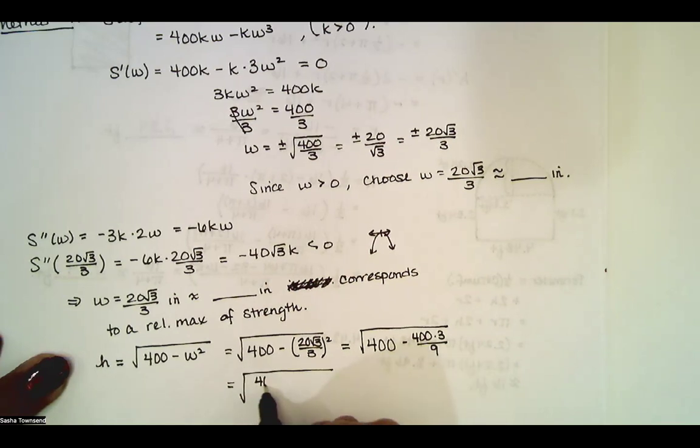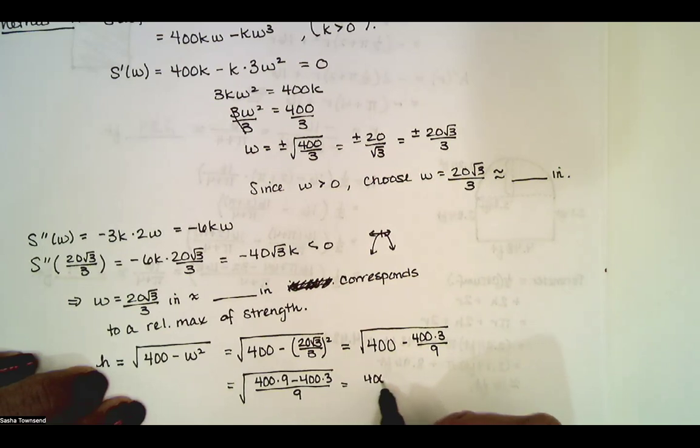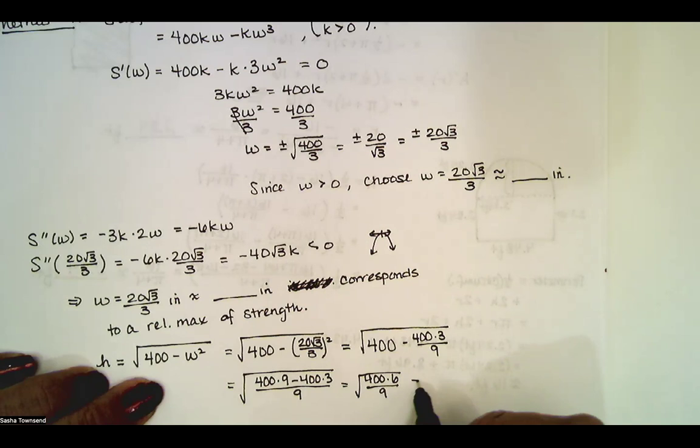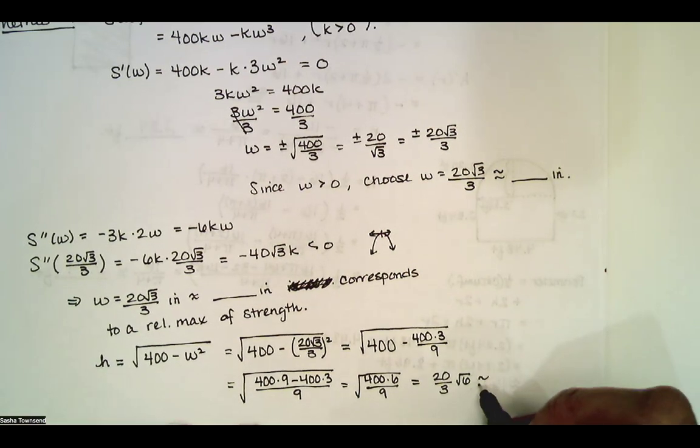With a common denominator, that's 400 times 9 minus 400 times 3, all divided by 9. So we get 400 times 6 divided by 9. The square root of 400 is 20, the square root of 9 is 3, and the square root of 6 can't be simplified. So our height is 20 divided by 3 times the square root of 6, some number of inches.